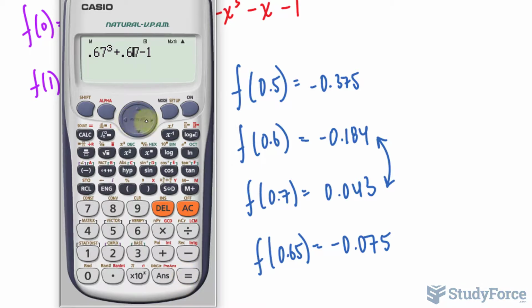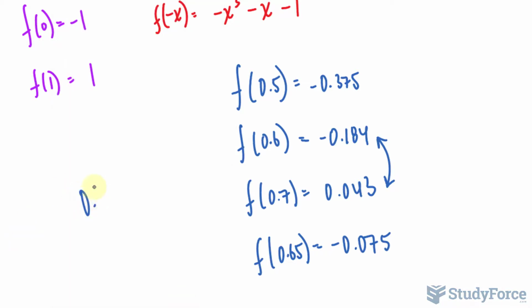Nope. 0.68. Not that either. Don't get frustrated. We try 0.69. And it works. So it is between 0.68 and 0.69. We conclude that the real zero lies between x is equal to 0.68 and x is equal to 0.69. Therefore, the real zero corrected to 2 decimal places is x is equal to 0.68.